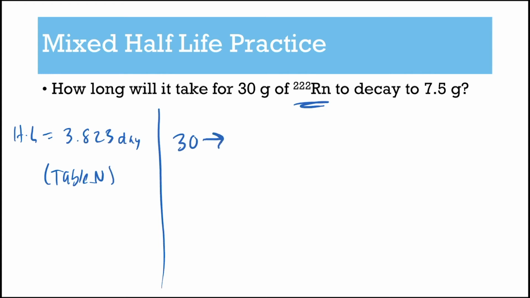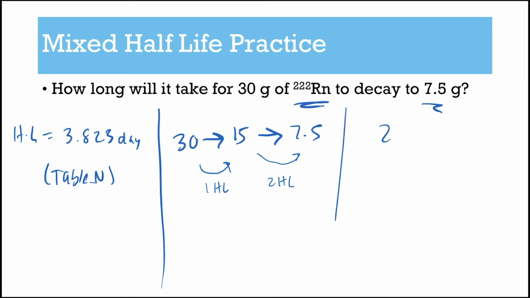So, we have to figure out how many half-lives occurred. So half of 30 is 15, and so that is 1 half-life. But we want to end up at 7.5, so we're not there yet. After another half-life, so half of 15 is 7.5, and so now that's 2 half-lives. So we know that 2 half-lives occur, and 1 half-life equals 3.823 days.